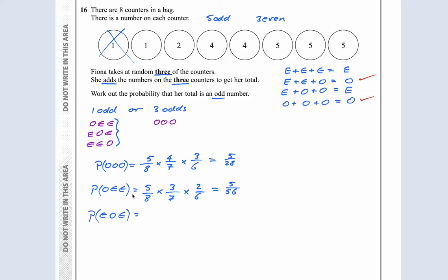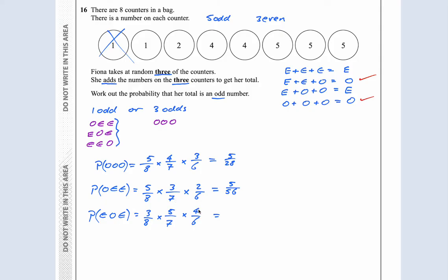So even is 3 out of 8 because there's 3 even and 8 in total. Then odd is 5 out of 7 because there's still 5 odd out of 7 because I've taken 1. And now there's 4 odd out of 6.